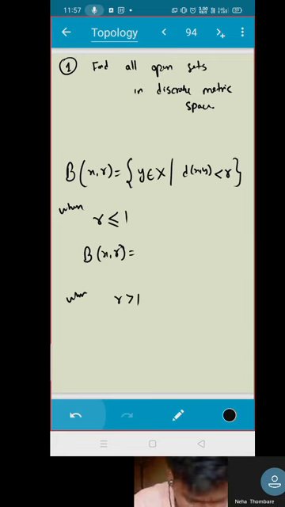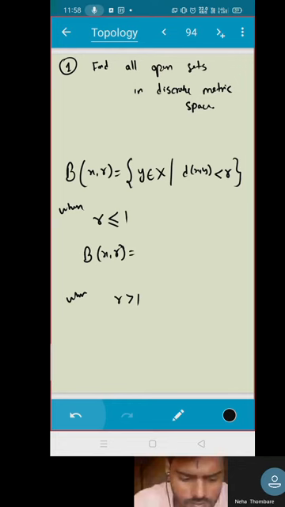Payal, what is discrete metric space? Sir, it is a metric space where the distance is 0 when the two points are equal, and the distance between any two points is 1.